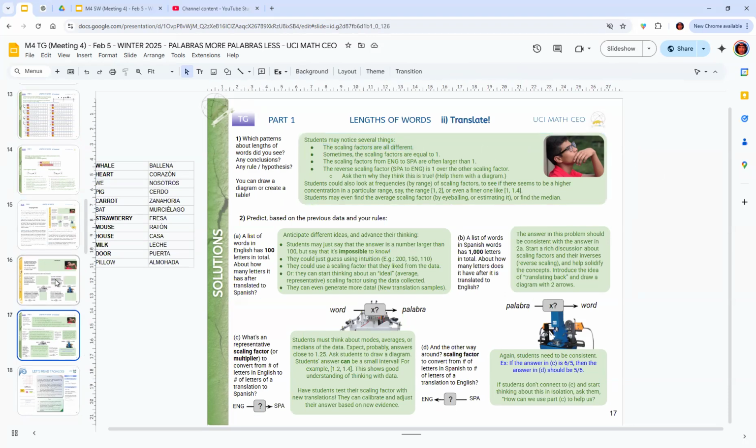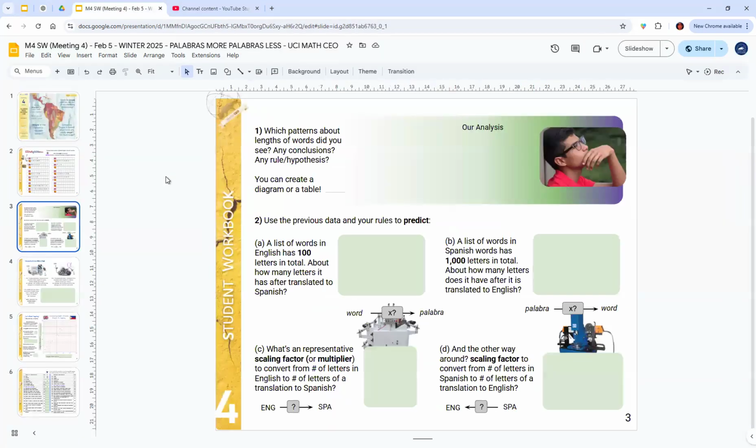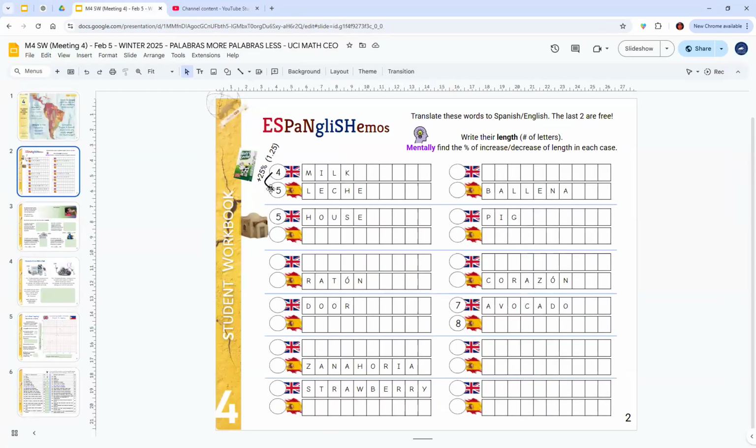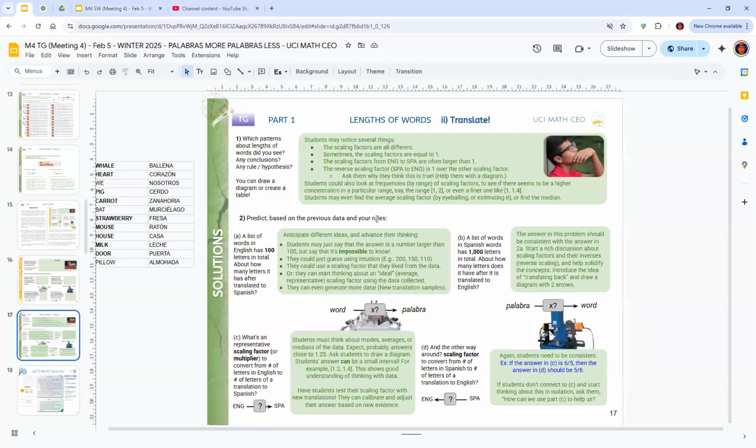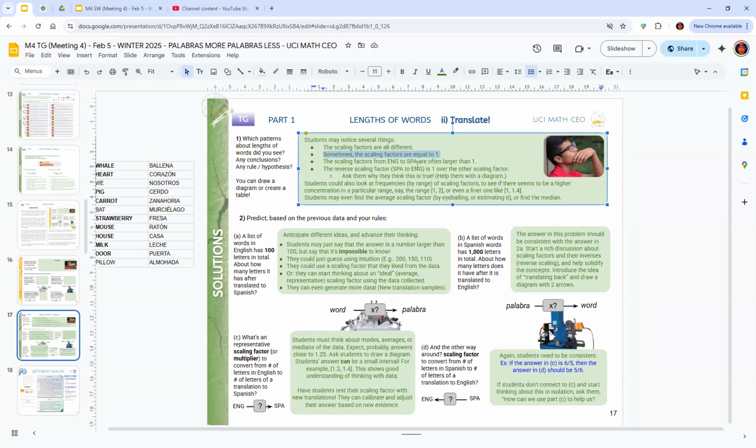It's not unique, right? This rule that takes me from some length to another length. So it's not uniform. It changes a lot. They could also observe that sometimes the scaling factor is 1. In some cases, you don't change the length. This would be the first important step.